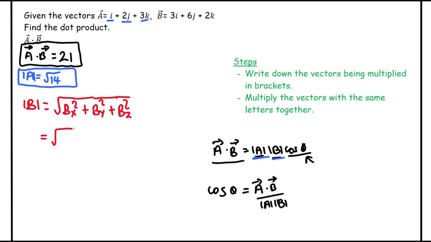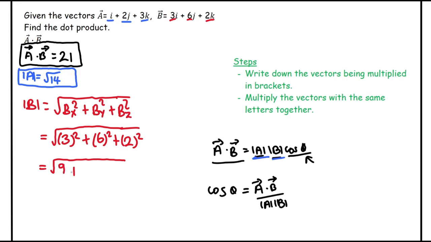This gives us the square root of: the x component is 3, y component 6, and what is the z component? 2. 3 squared gives us 9. 6 squared gives us 36. 2 squared gives us 4.